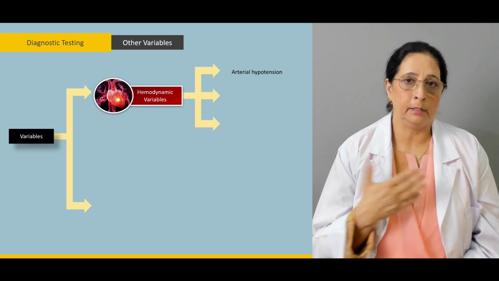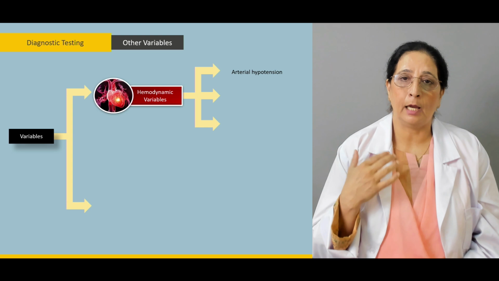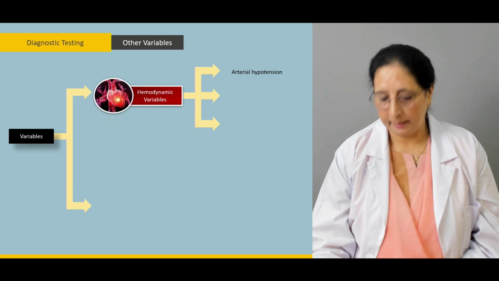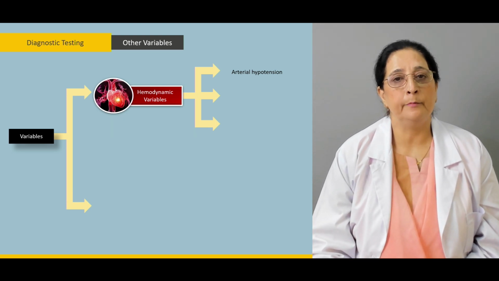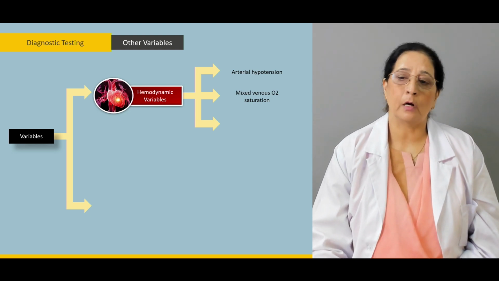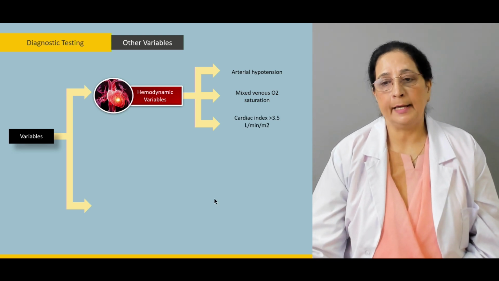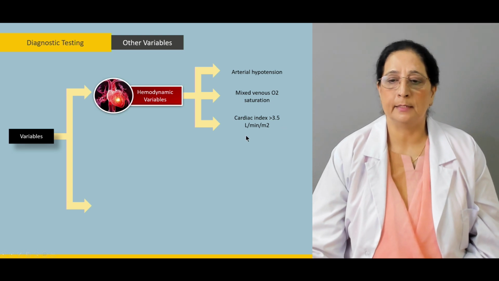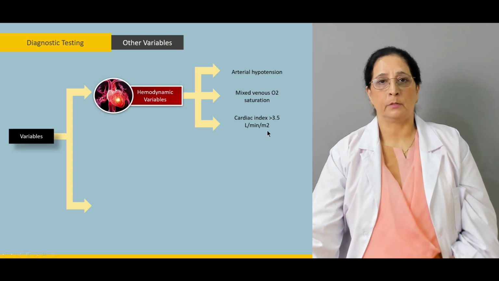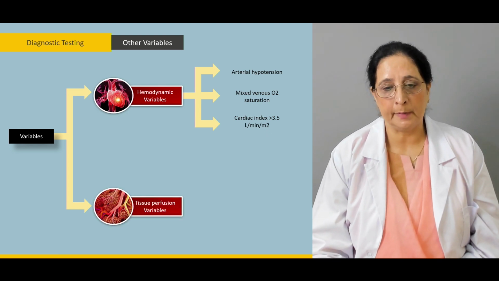We mentioned there is hypotension, decreased blood pressure, hypovolemia, and this is one of the hemodynamic variables. Mixed venous oxygen saturation, and cardiac index more than 3.5 liters per minute per square meter. So these are some hemodynamic variables.